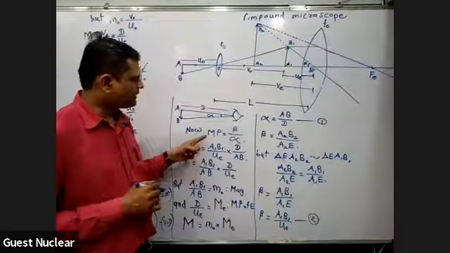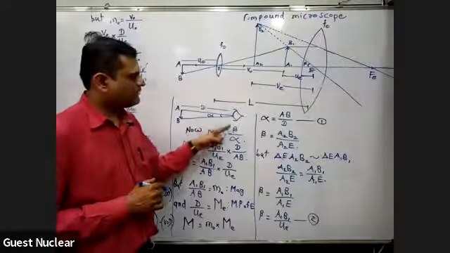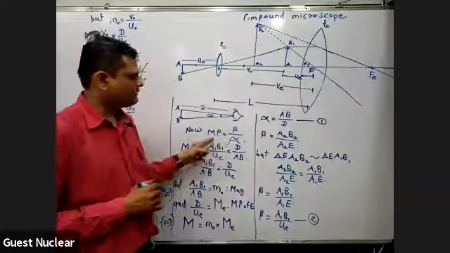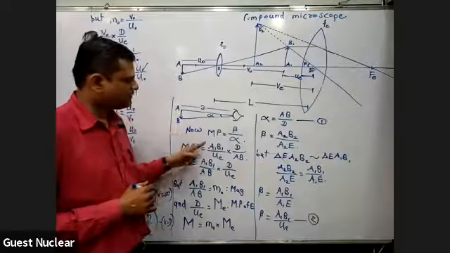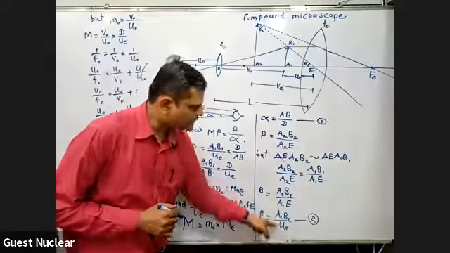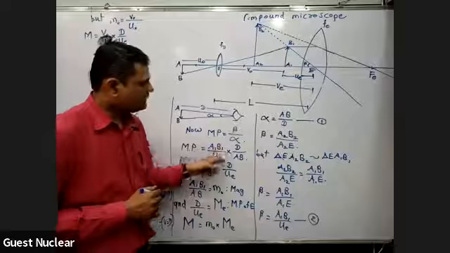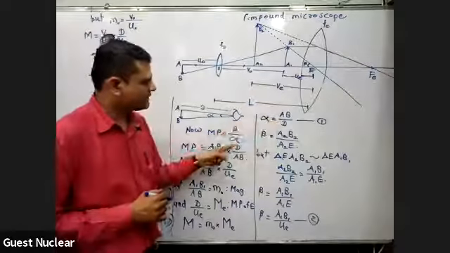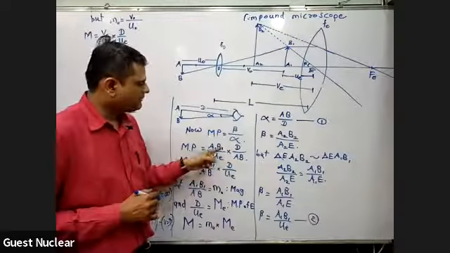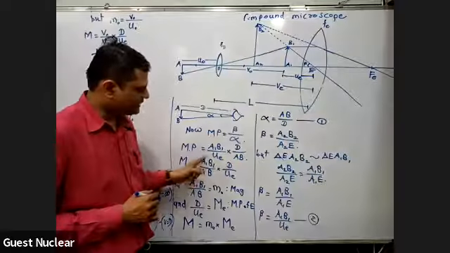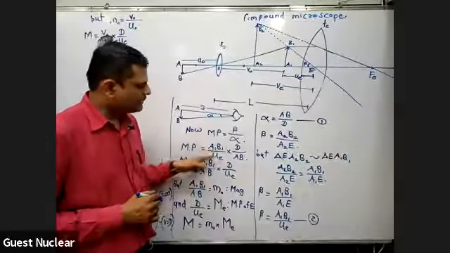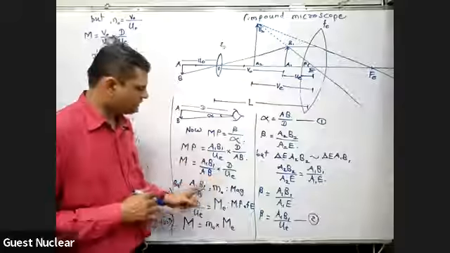Now according to the definition of magnifying power, beta upon alpha is the magnifying power. So magnifying power will be equal to beta, which is A1B1 upon UE, multiplied by the reciprocal of alpha, which is capital D upon AB. So A1B1 upon AB is kept in one bracket and D upon UE in another bracket, so that we can get this multiplied.